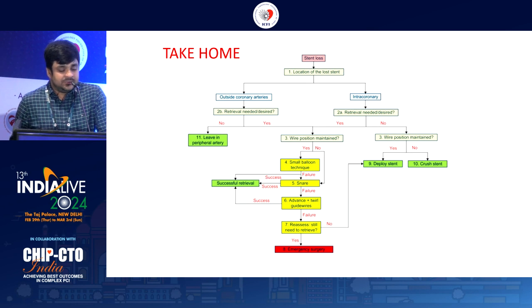If retrieval is required and the wire is in position, then you can use the small balloon technique, which is most commonly used. If the small balloon technique fails, then snare the stent. If that also fails, then you can take multiple wires in and entangle the stent with the guide wires. If that fails again, we can ask for surgery.